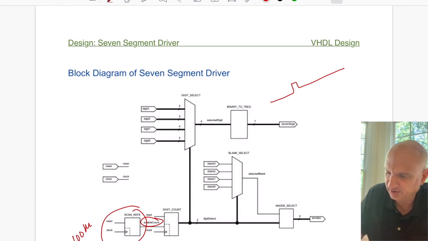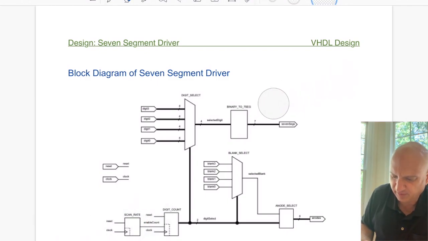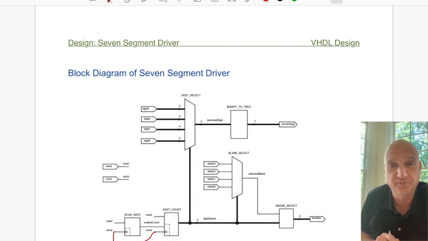Now notice the common clock in here. Okay, so we have a common clock in our design. This clock and this clock are tied together. They're common. They're both being triggered at 100 megahertz. This is an enable signal that we are using in our design to enable the clock to activate.